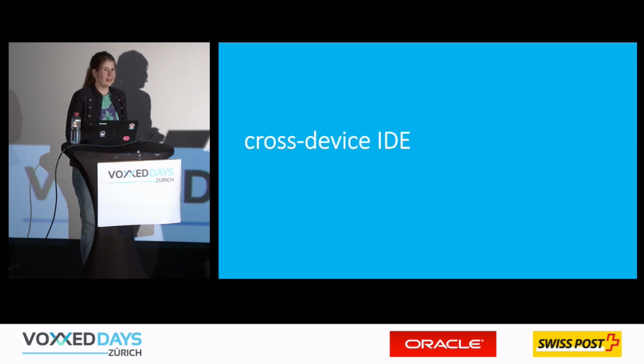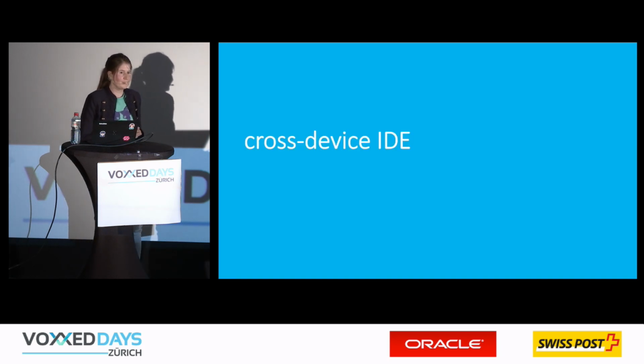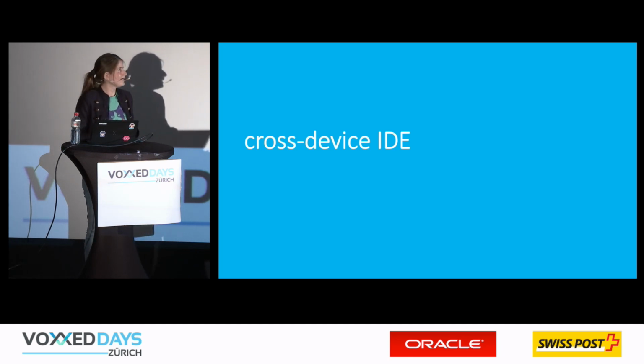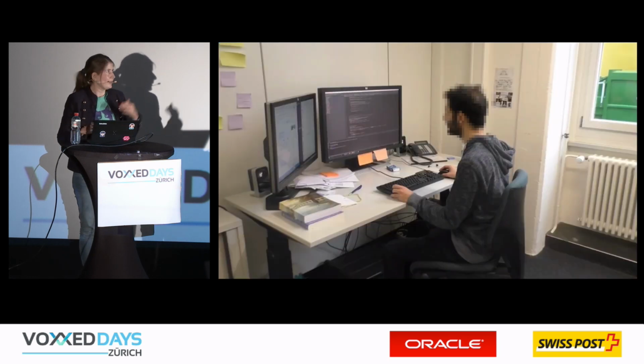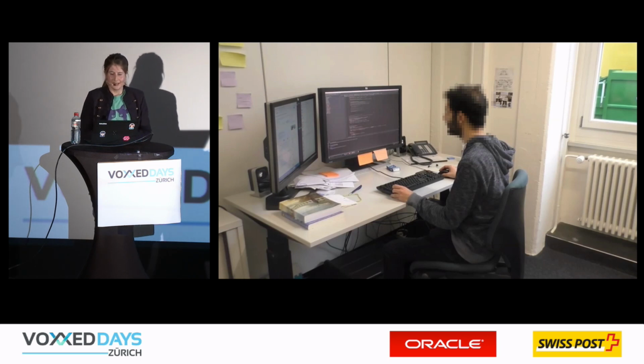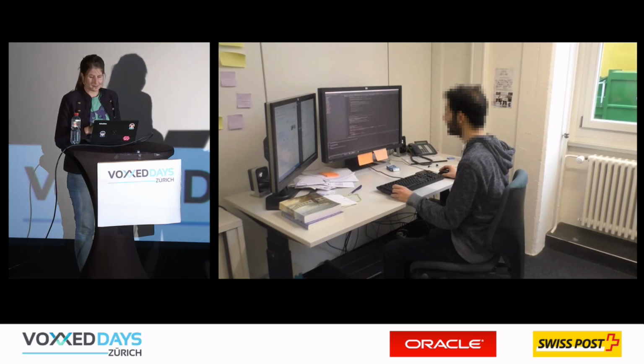Then the third application essentially targets people like some of you here, or most of you probably. It's an IDE that distributes across multiple devices. So maybe this looks familiar to you. Most developers that I know like to use multi-screen setups to have 2 or 3 large screens.